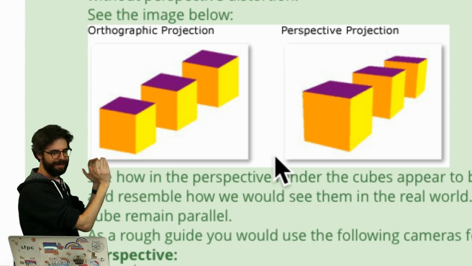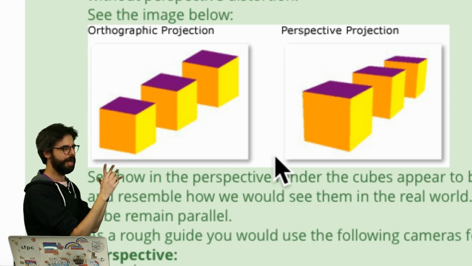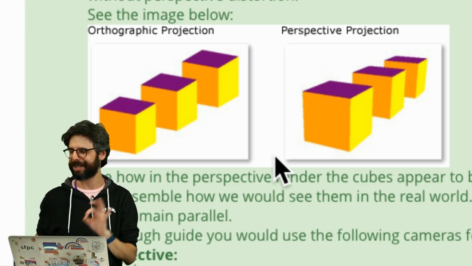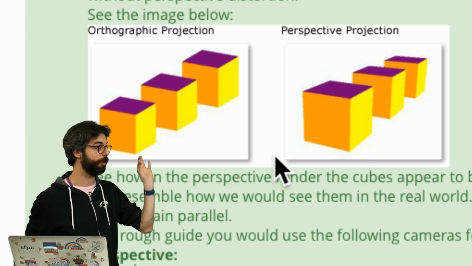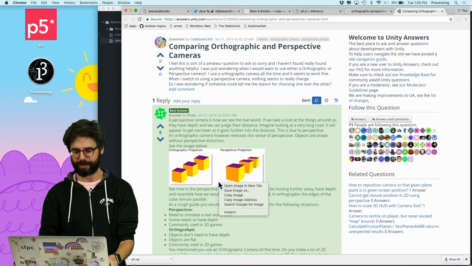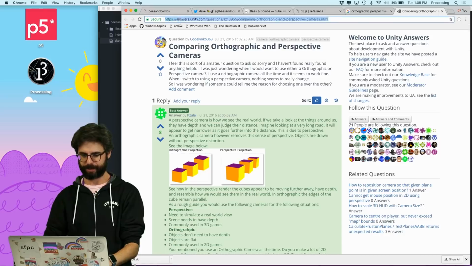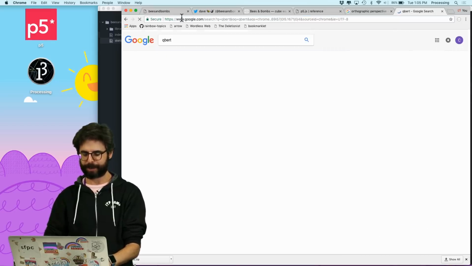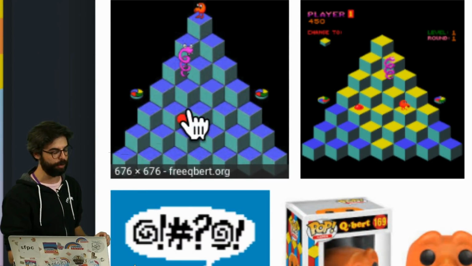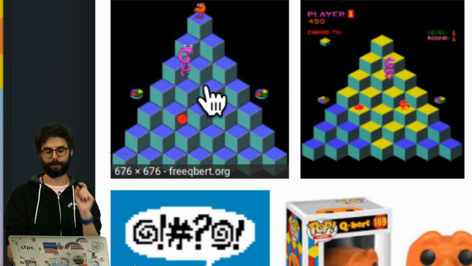Whereas orthographic projection, so perspective is the wrong word. I'm saying orthographic perspective, that's not right. The idea here is the projection creates this highly uniform look. And the video game Qbert is probably the most famous example of this kind of orthographic projection.